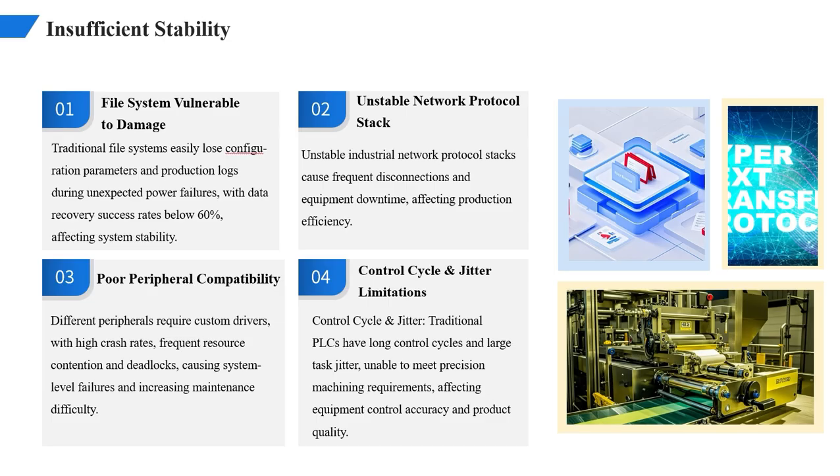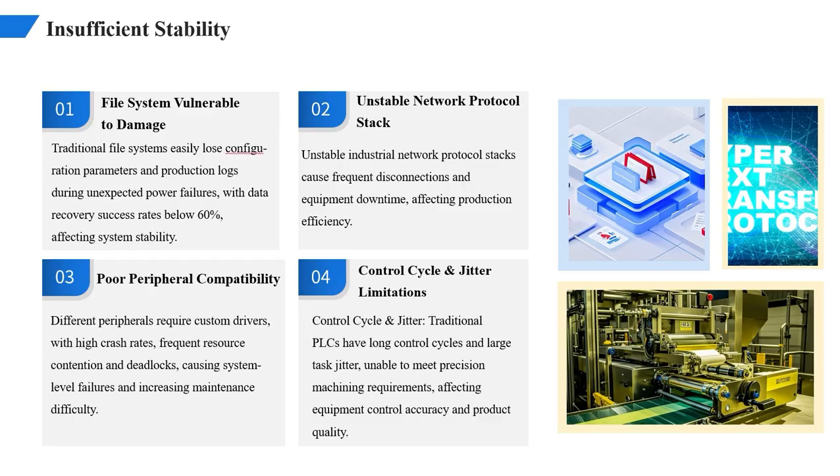And the second critical pain point is system stability, or rather the lack thereof in traditional solutions. We see four major stability failures in the field. First is that file systems are prone to damage. Traditional file systems lose configuration parameters and production logs during unexpected power failure, with a data recovery success rate below 16%.